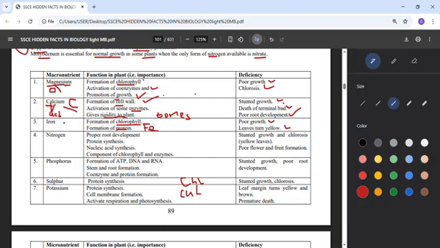Remember we mentioned earlier from the scheme that SKIM are for chlorophyll, that means making something green. So if iron is missing, there will be yellowing of leaves. Why will the growth be poor if iron is missing? Remember, iron is for protein, and protein also develops plants and makes plants grow. So if it's missing, there will be poor growth.